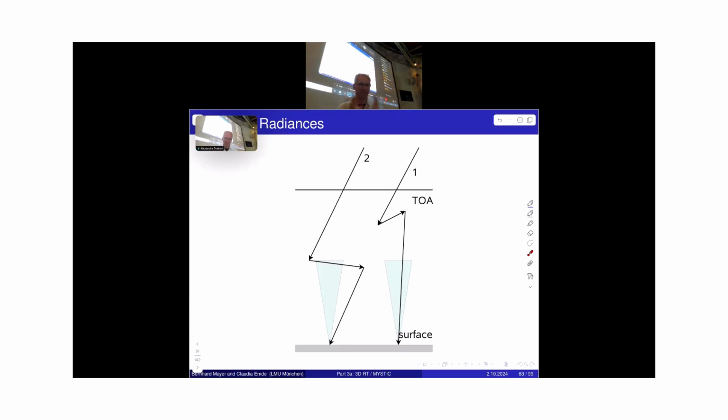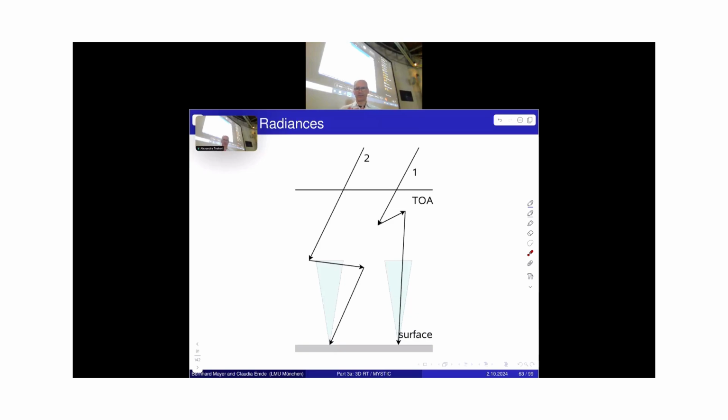And here we have these receivers who have some opening angle, but you see our photon number 2 doesn't hit the instrument under the right angle, so it doesn't contribute. This one contributes by accident, but most of the photons wouldn't contribute. So when you calculate radiances this way, by just waiting until a photon comes from the right direction, you would never finish. And you need quite some opening angle to get any photons at all.